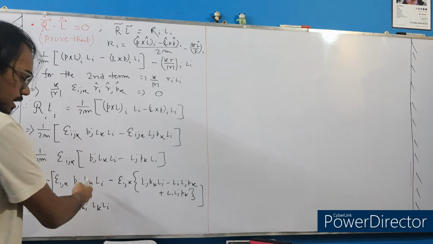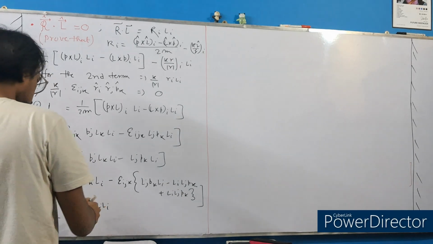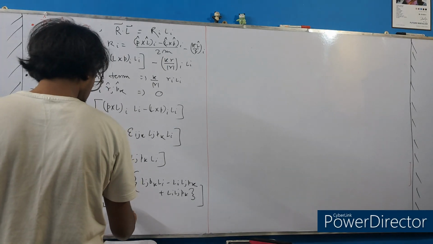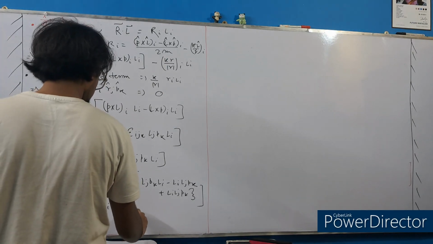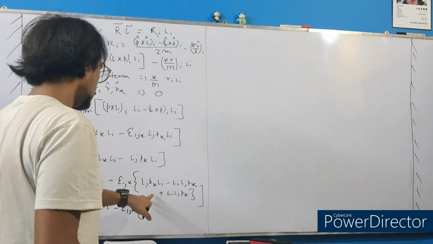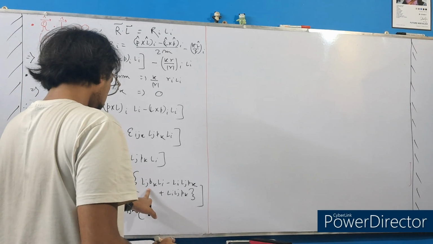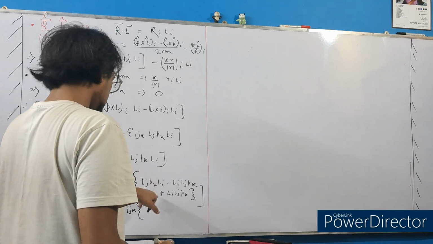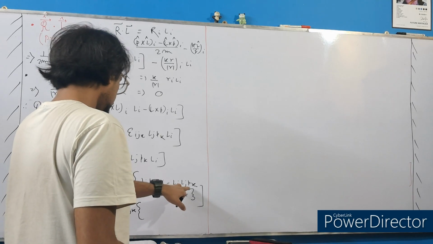For the cyclic terms there will be no minus sign, so now it's ki minus epsilon ijk Li pk Lj.